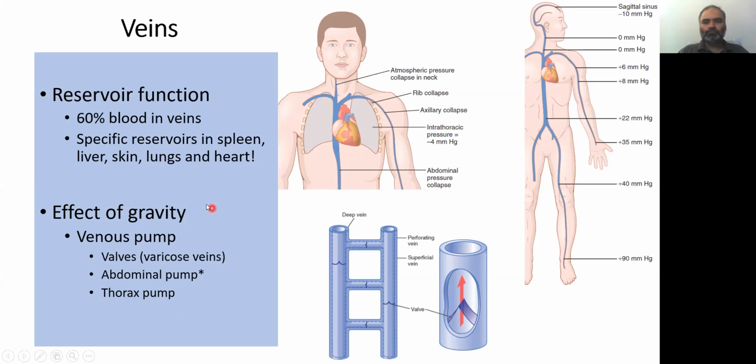Okay. Now, having done this diagram and this diagram, let me explain to you what this is. Okay. So you need to understand this material here, effect of gravity and the venous pump, in context of venous return. This is where it becomes operational, in the sense that when you will be assessed, you will be asked about venous return.